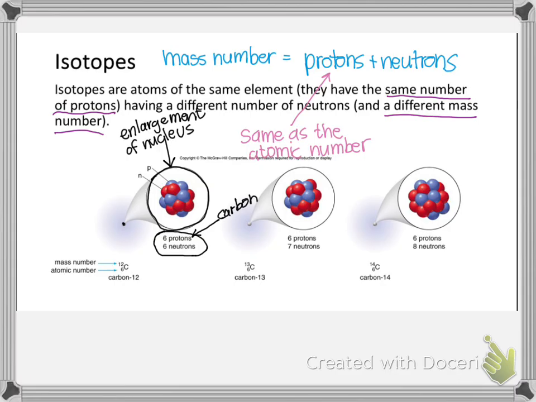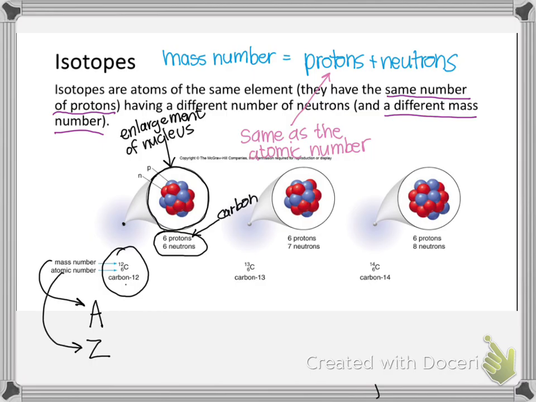So how we write the formula, here's its isotope notation. We can have the mass number on the top, which has the symbol A. That's the mass number. Then the atomic number goes down here.